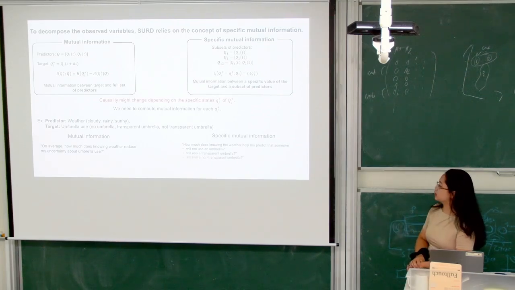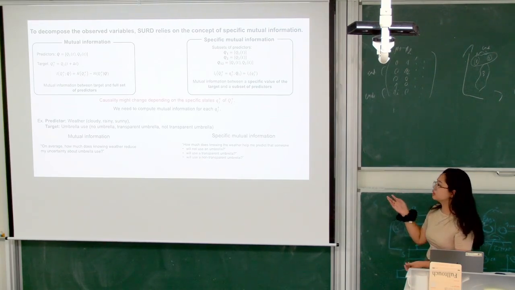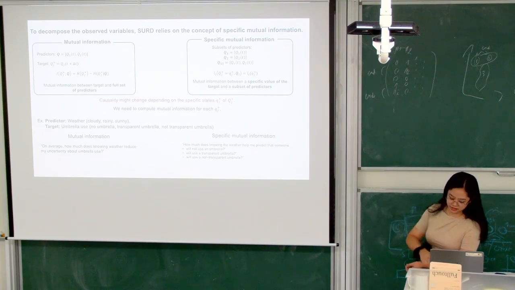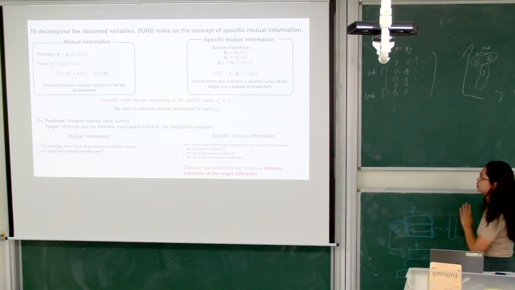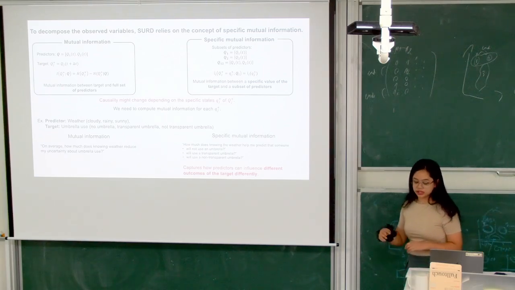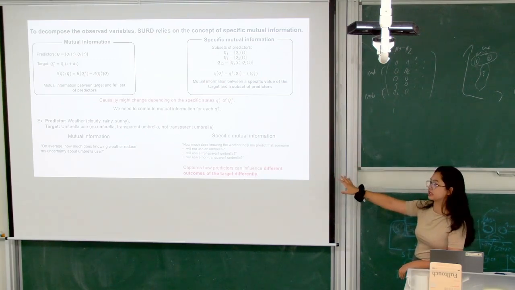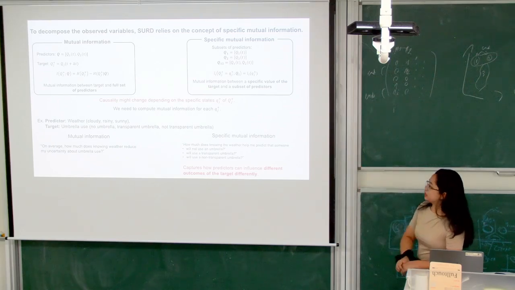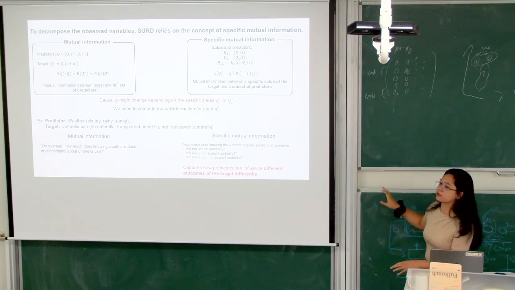And lastly, the case where a person will use a non-transparent umbrella can also include the case where it's sunny or rainy, right? So basically, this specific mutual information can capture how predictors can influence different types of outcomes of the target differently. And that is the backbone of the decomposition framework here.